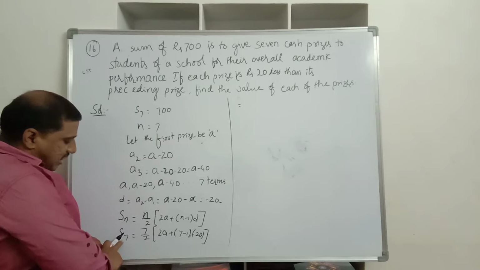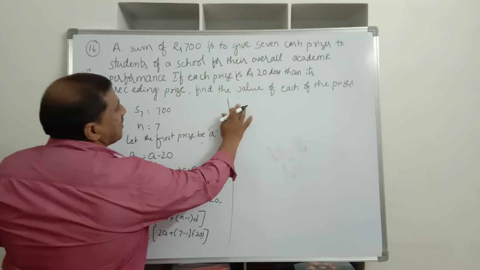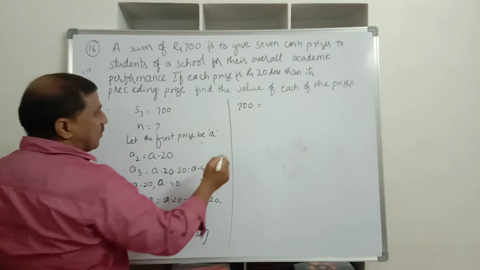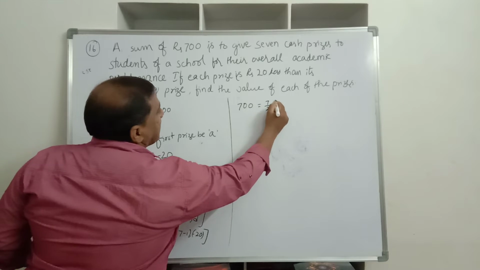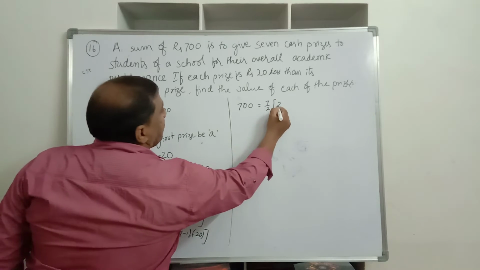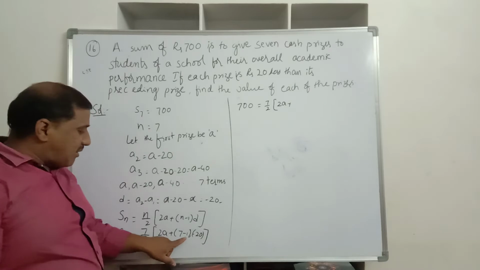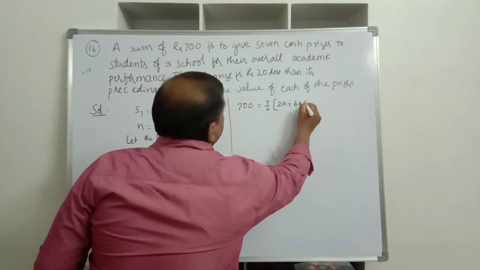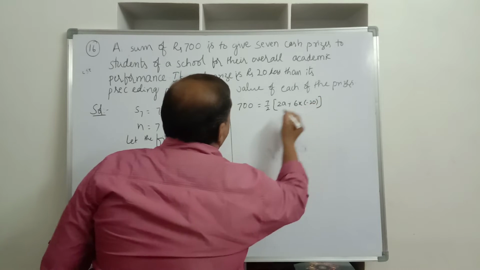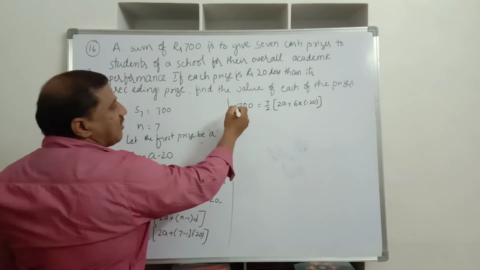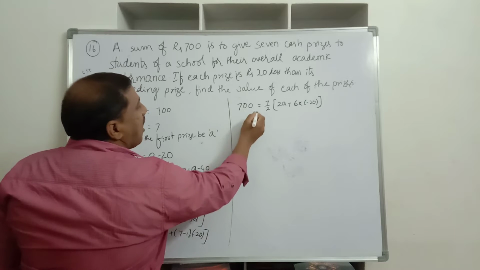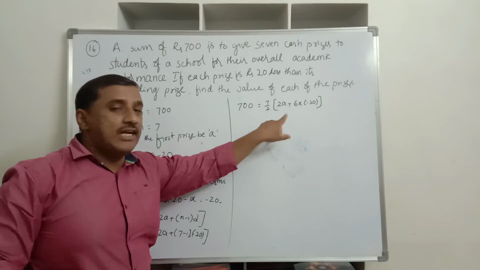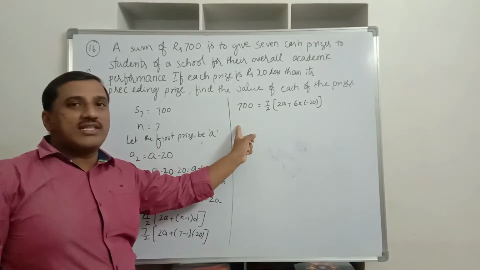S7 is given as 700. So substituting 700 in the place of S7, 700 is equal to 7 by 2 into 2a plus 6 into minus 20. By cross multiplication, or you transpose 7 by 2 to this side, it divides.